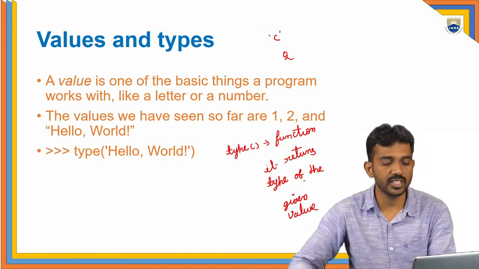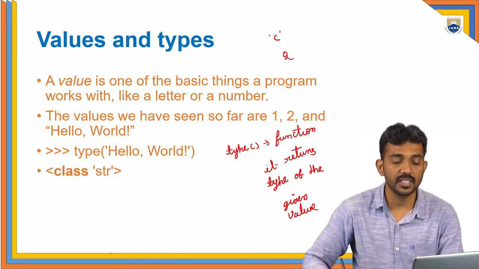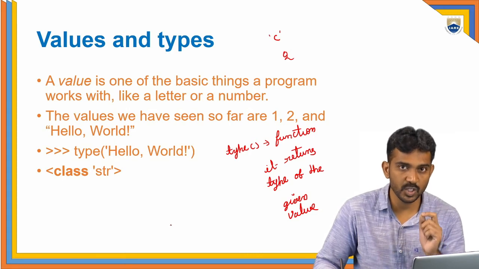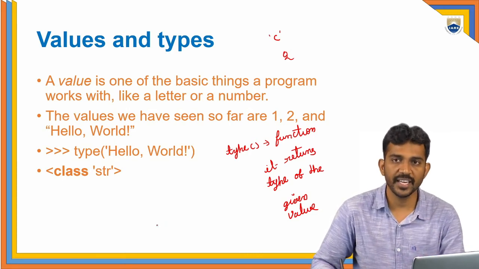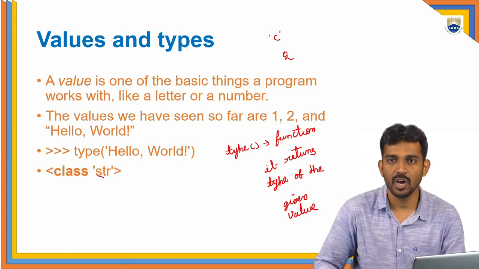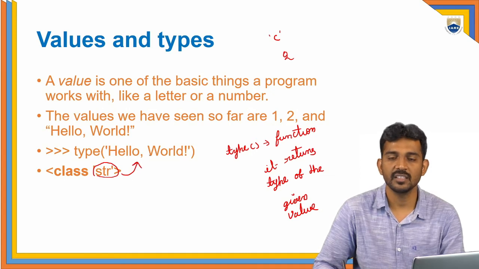If we execute this statement, it will give output like this. Everything is a class because Python is an object-oriented programming language, right? That is why it gives class str. String is a type. Hello world is a string, so that is why it returns string, right?